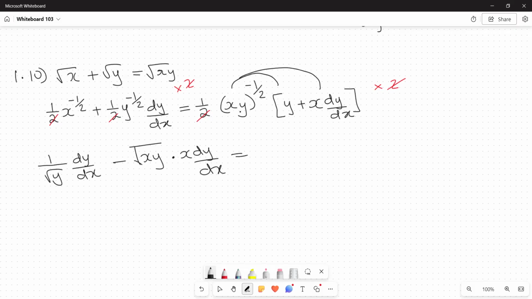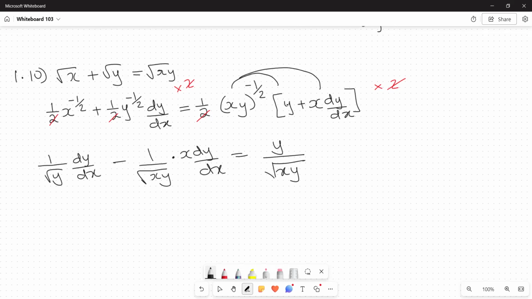This one, xy to the power of minus, sorry, it's a fraction. This is not right because the power is negative. So it's 1 over the square root of xy. On this side, I have y over the square root of xy.